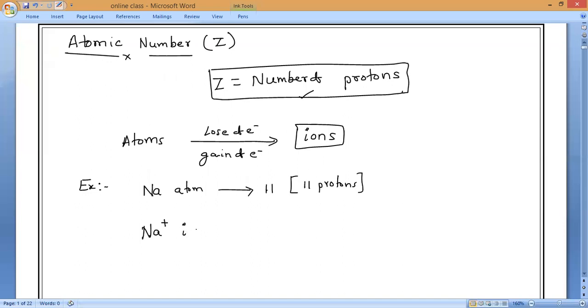Plus means loss. So Na plus means one electron has been lost. But still, what is atomic number? Still, it has 11 protons only. So ion or atom doesn't matter, their atomic number remains constant. That is why we only consider number of protons. Do you understand, everyone?